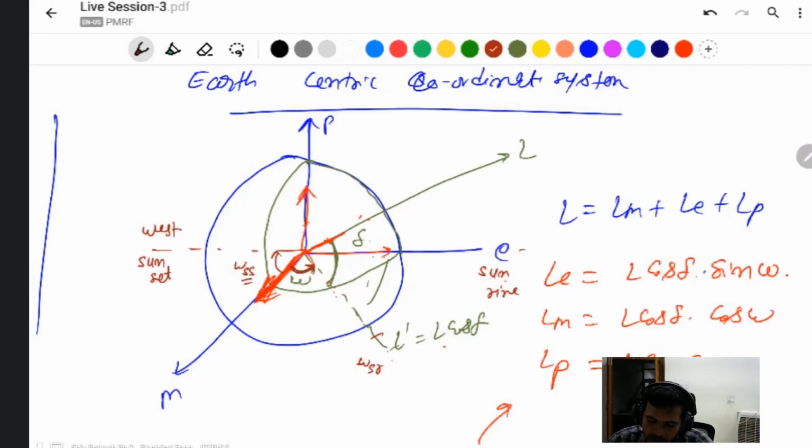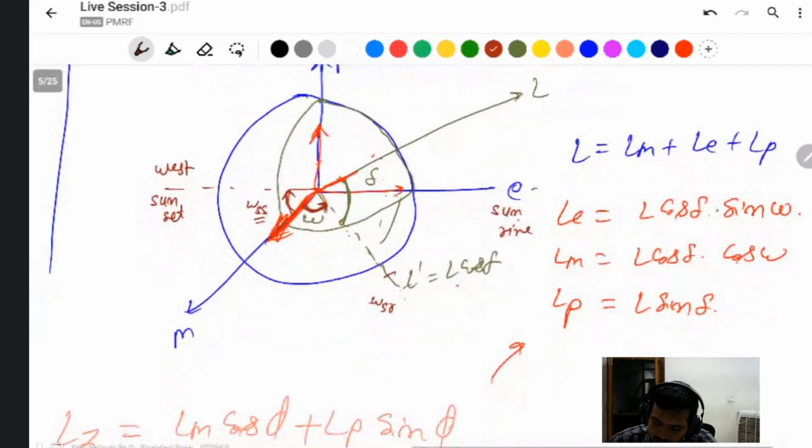But this angle is represented in a negative term, and this whole angle is represented in a positive term. Then you can say if sunrise is represented by omega SR, sunset is represented by minus of omega SR. And you can say this omega SR will be the same as minus omega SS.